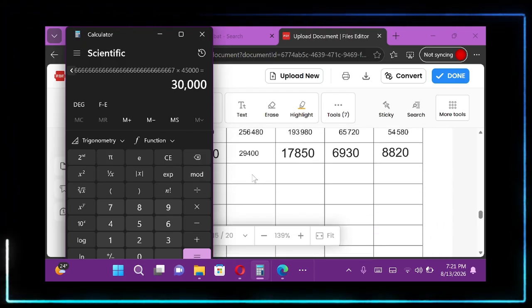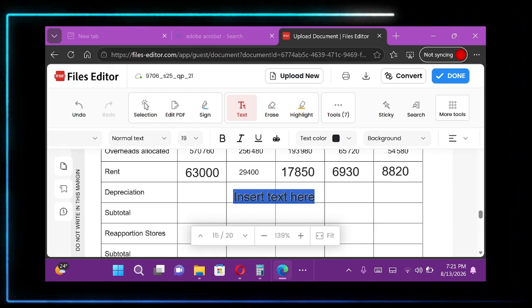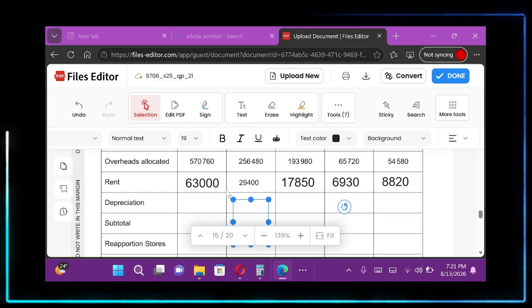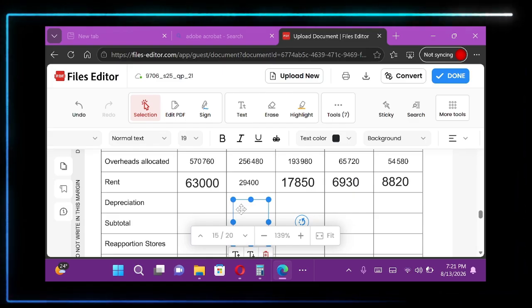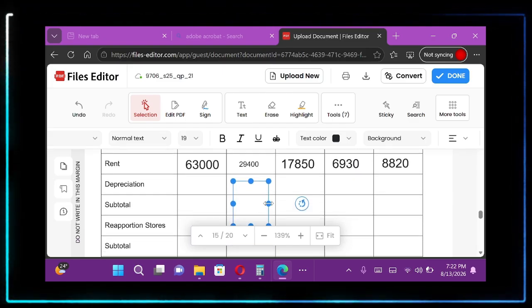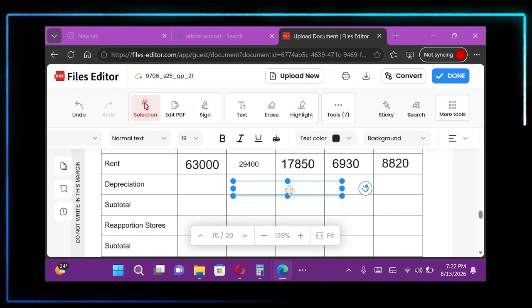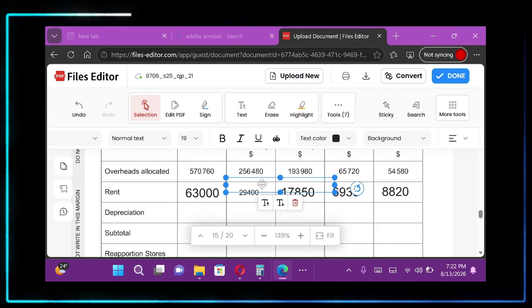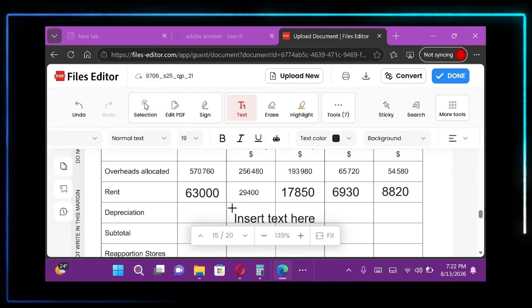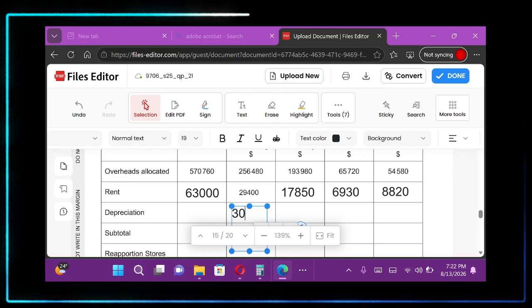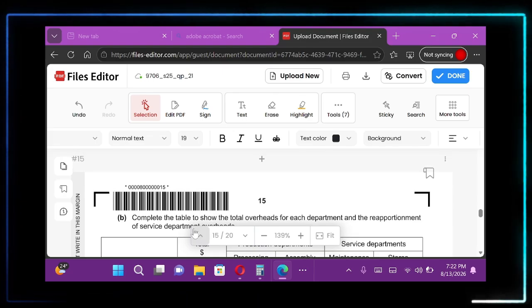So 30,000 is going to be the amount for depreciation processing. 30,000.